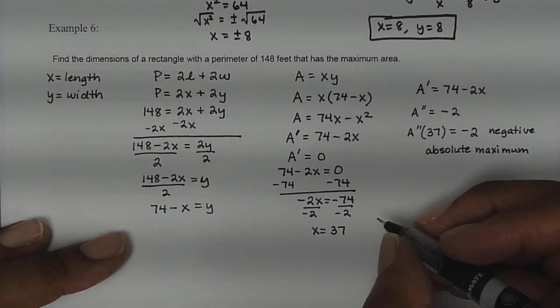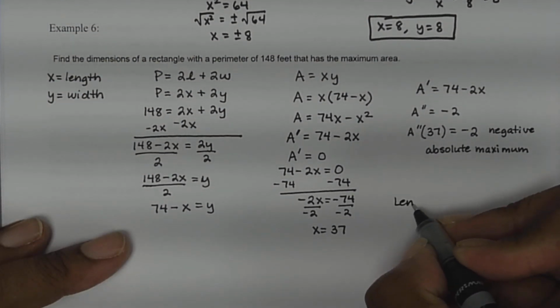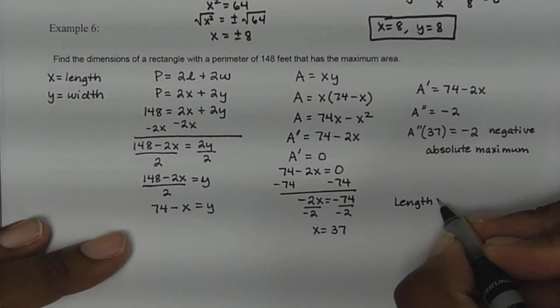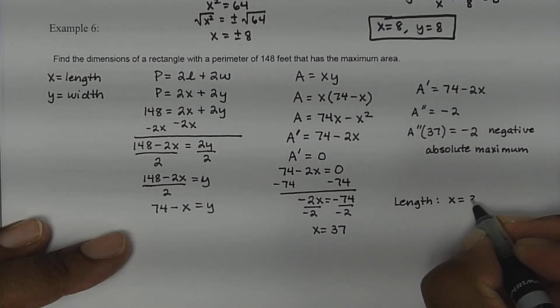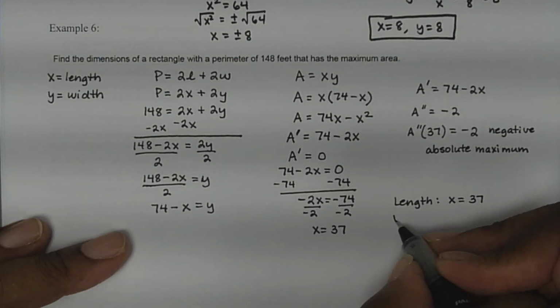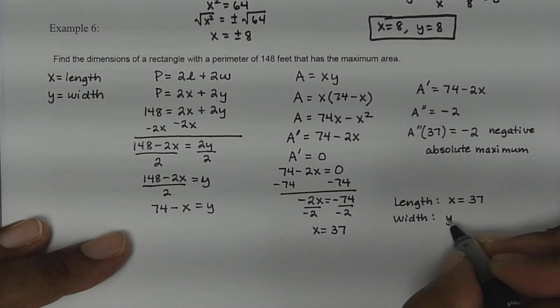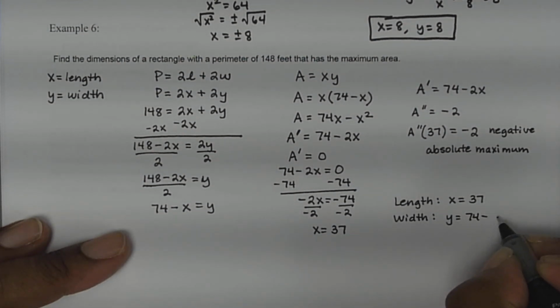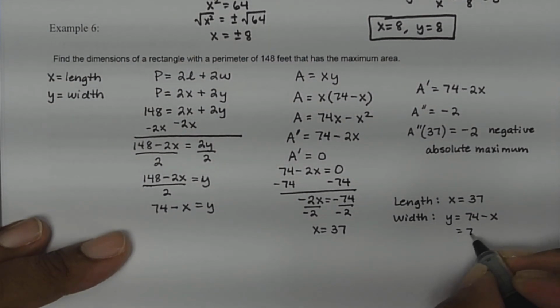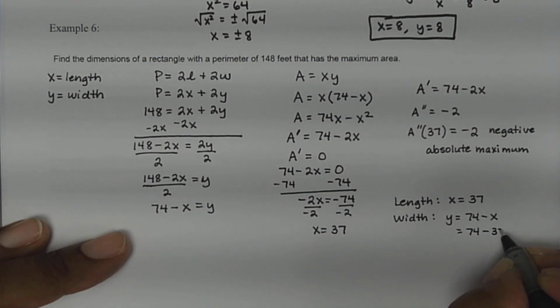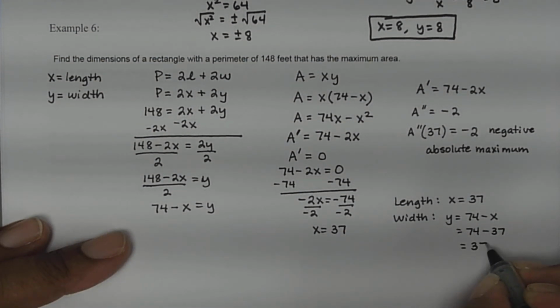Okay, so my length, which is x, that's 37. The width was y is equal to 74 minus x. That would mean 74 minus x, which is 37, ends up being 37.